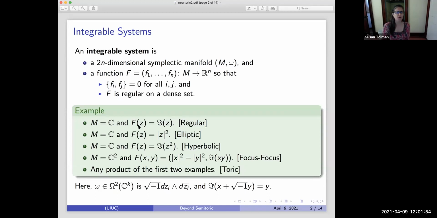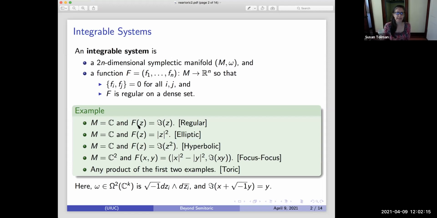The first one is inducing translation, and the second one is inducing rotation. You could let M equal C and F(z) equal the imaginary part of z squared. This is a hyperbolic action, not a circular action. It's a little bit trickier.